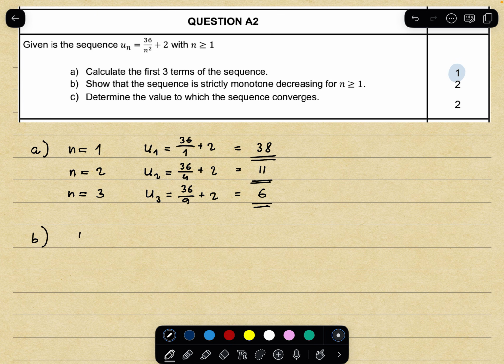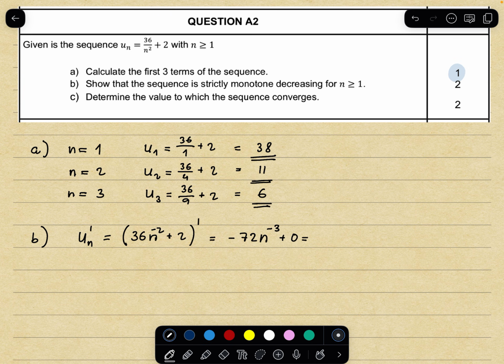So I would just take the derivative with respect to n. Our variable is n. So let me write it like this, because I don't want to use the quotient rule. I'll just put the n into the numerator. I'm not taking the derivative yet; I'm going to use this type of notation. So we're taking the derivative of that statement there. Negative 2 times 36 is negative 72, and n to the negative third, and the derivative of 2 is 0.